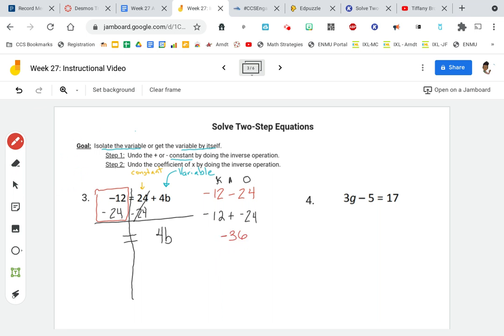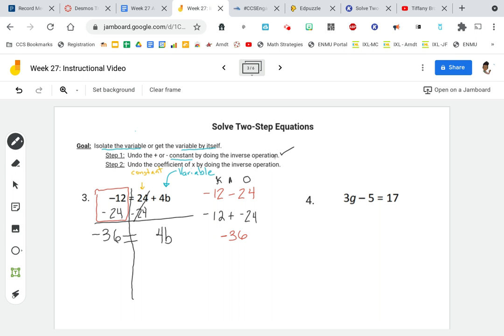So, guys, when we are adding and subtracting and solving equations, please be careful. If we are not very conscious of our positive and negative signs and using those rules appropriately, we are going to be getting incorrect answers. So I'm just going to replace that with negative 36. So I undid my constant.